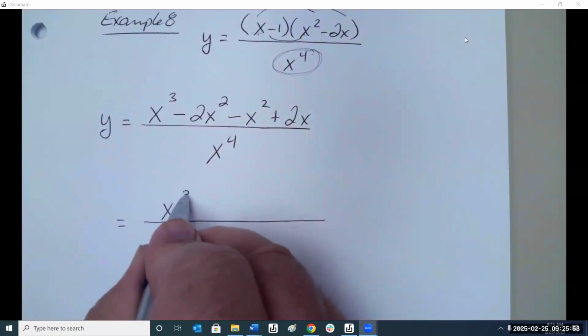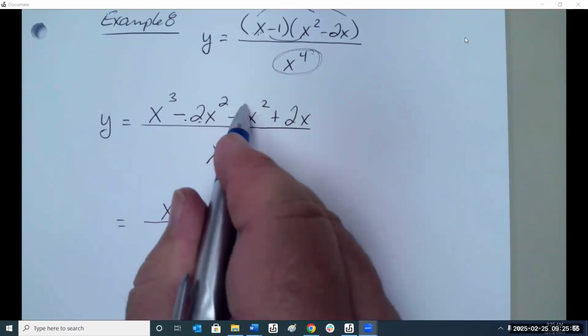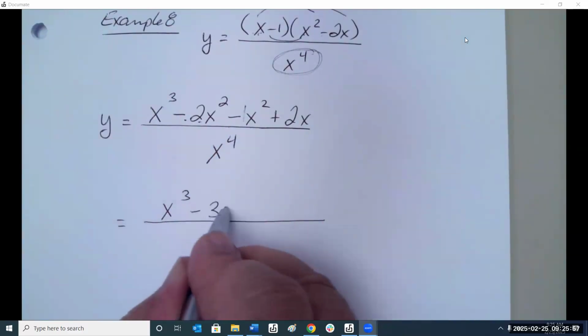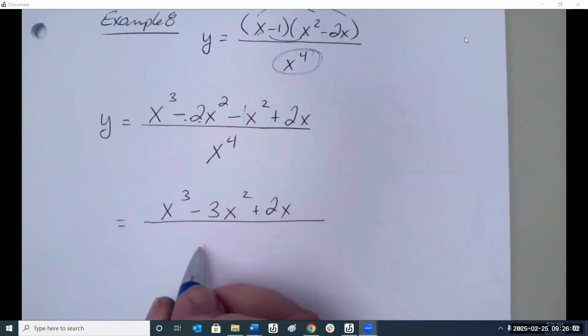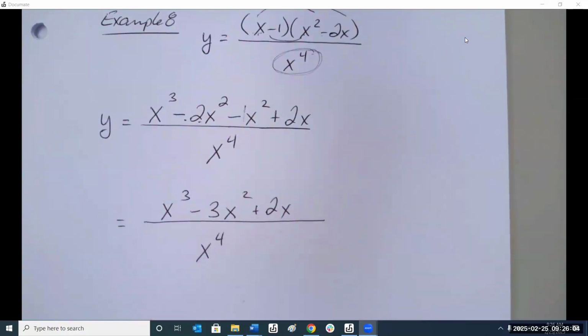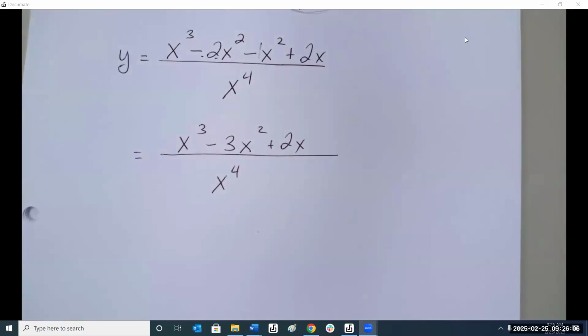Combine like terms. Negative 2, negative 1x squared is negative 3x squared plus 2x. What would you do next?